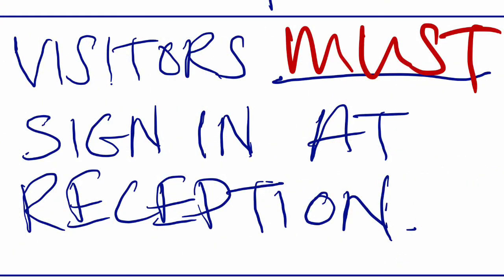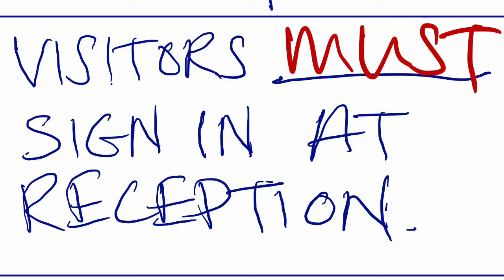At the top left we have this, and let's imagine this is a sign written in quite formal language. Visitors must sign in at reception. Okay, you might normally expect something like visitors are expected to, or visitors are requested to sign in at reception. But just sticking with the must and have to thing.